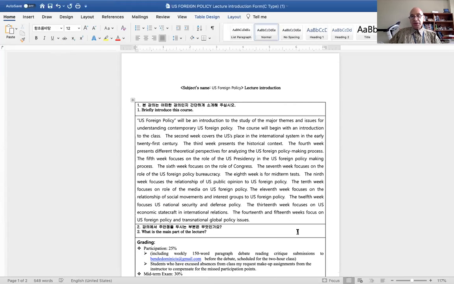This is taken from the syllabus, which I will, of course, make available to everybody at the beginning of the class. It states that basically U.S. foreign policy will be an introduction to the major themes and issues, as well as basic facts regarding U.S. foreign policy, of course, concentrating primarily on the 20th century, mid-20th century to the present.